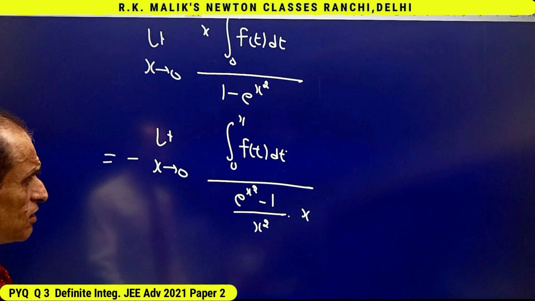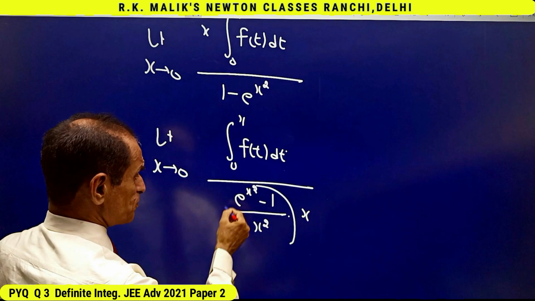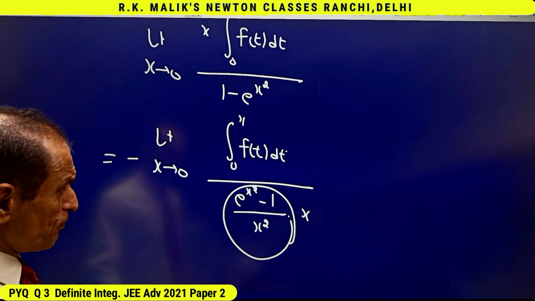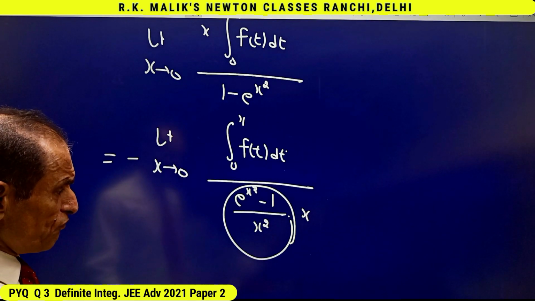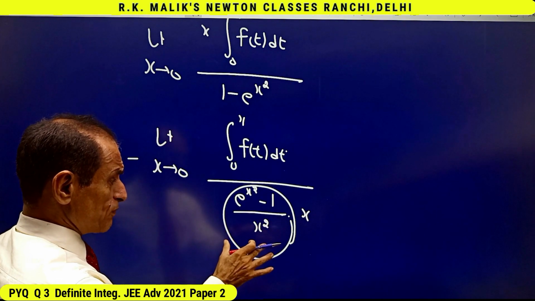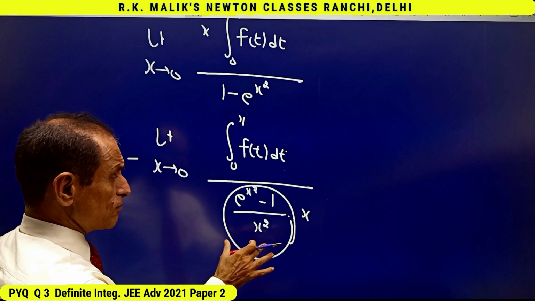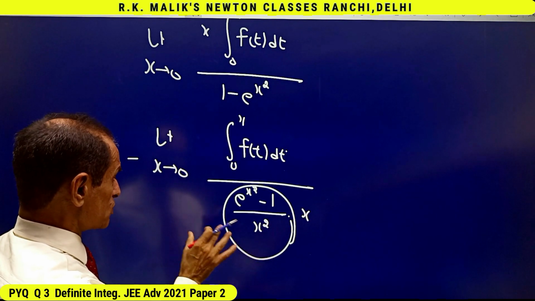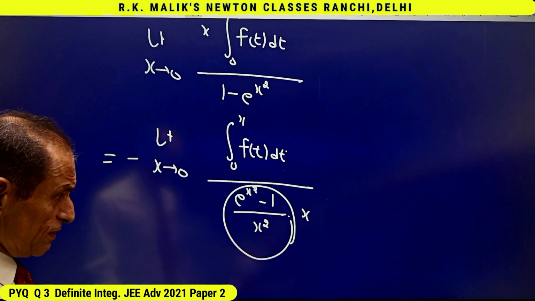And as you know that the limit of this part is 1, and we are allowed to take the limit of a part of the question if the limit of that part is non-zero finite and that part is in multiplication or division with the remaining whole question on which the limit is operating.